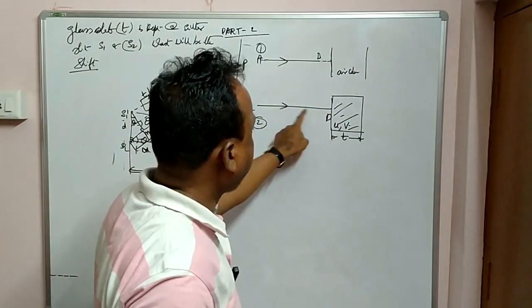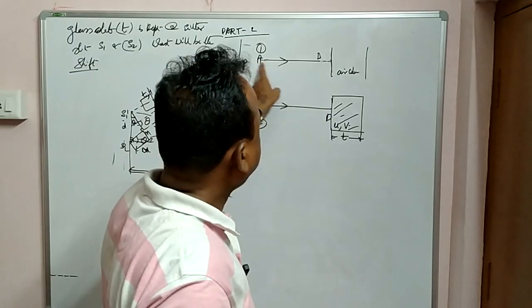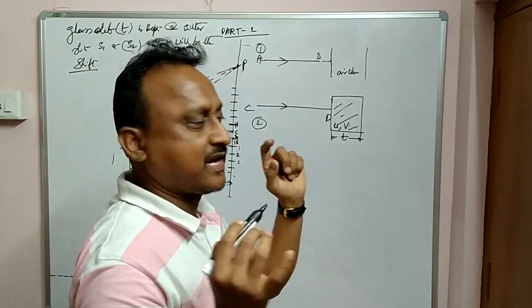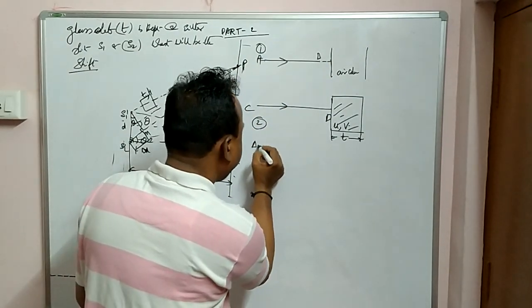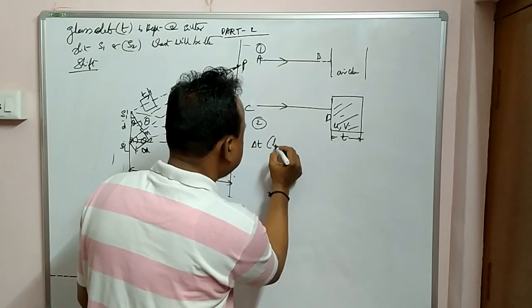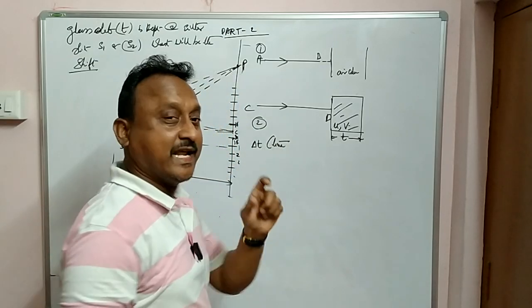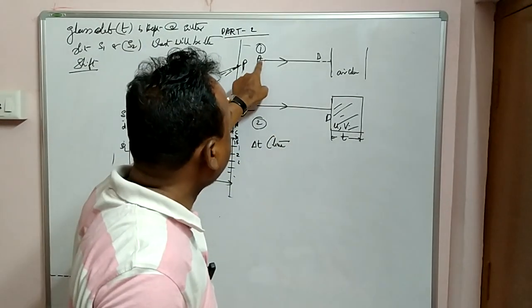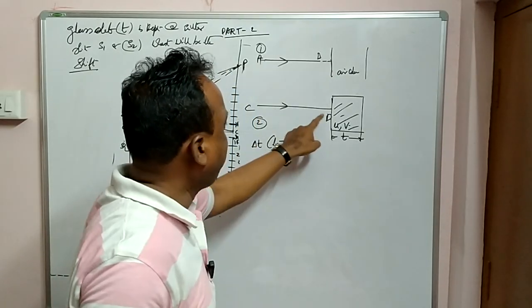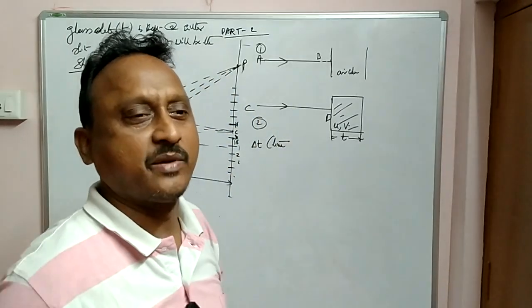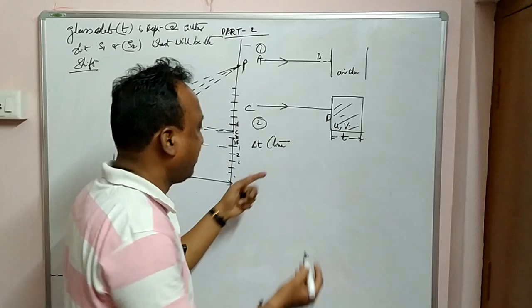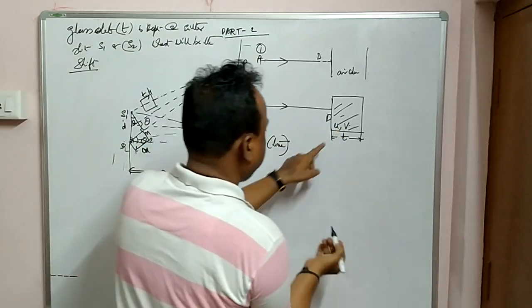Now this wave is traveling, this wave is also traveling. Let us calculate in delta t time how much distance the AB wave and CD wave will travel.